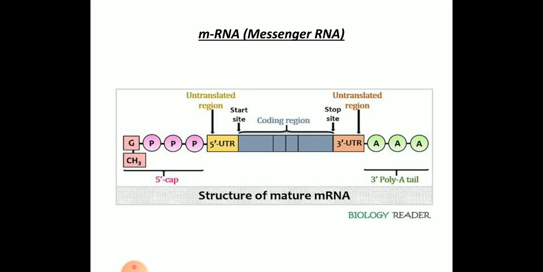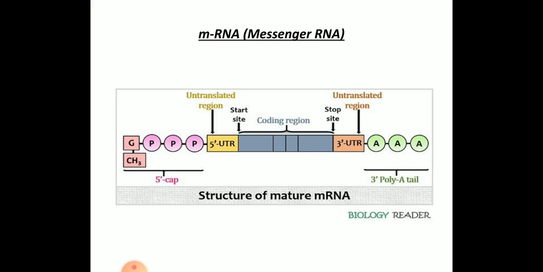The initiator codon is followed by the exons and later introns. Near the 3' region, you can find the terminator codon, which is untranslatable in nature. After this terminator codon, there is a polyadenylic tail attached to the mRNA, which is around 200 nucleotides long.